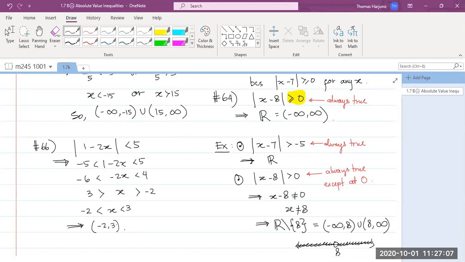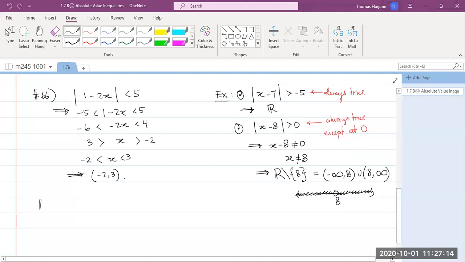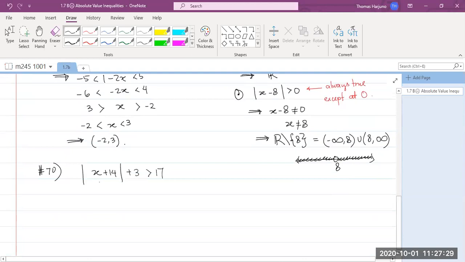Okay, now always isolate the absolute value first before you work on it. Like number 70, absolute value of x plus 14, plus 3, is greater than 17. So isolate the absolute value first. Then you see, is it type 1 or type 2? Interior or exterior?